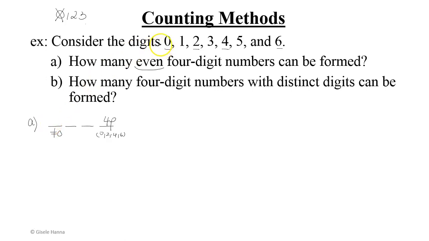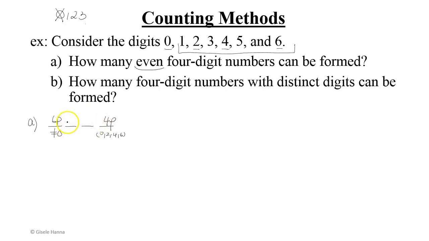So here I still have the possibility to choose all of the non-zero digits for the first one, even if I already chose one of them for the last digit, because repetition is allowed. So I do in fact have 6 possibilities for the first digit.